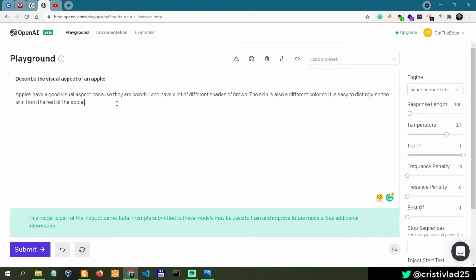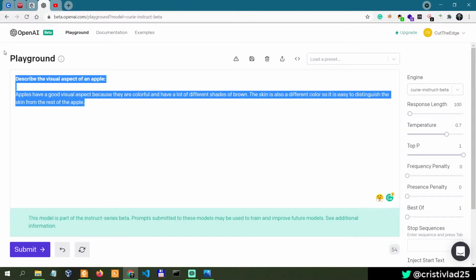Apples have a good visual aspect because they are colorful and have a lot of different shades of brown. I'm not extremely sure if that's correct, but I think you can find apples of different colors. The skin is also a different color, so it's easy to distinguish the skin from the rest of the apple. Whatever.